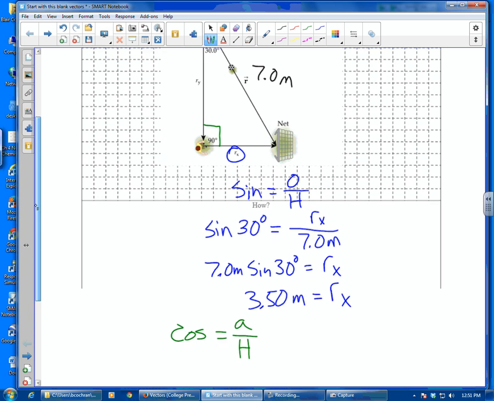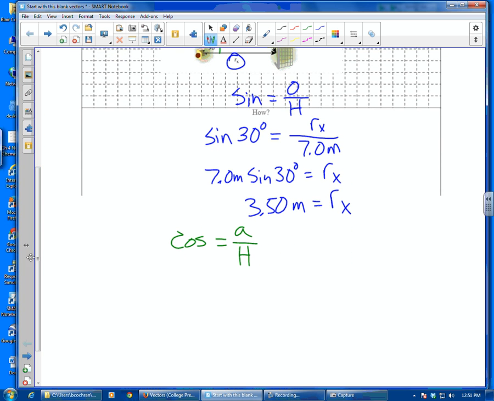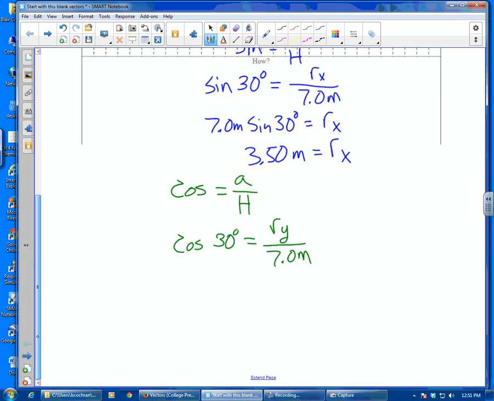And so I have cosine of 30 degrees equals adjacent, which is r sub y, over hypotenuse, which is 7.0 meters. Rearrange: 7.0 meters cosine 30 degrees equals r sub y.